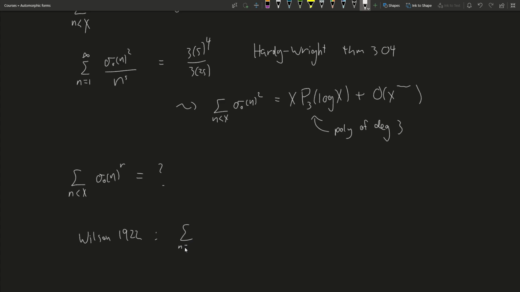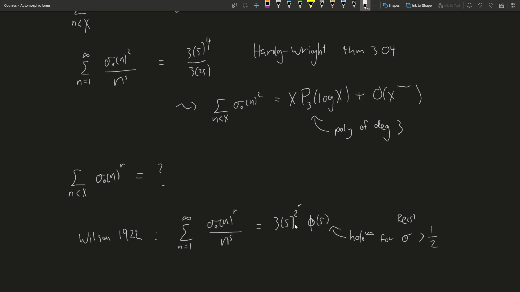There he proves that the sum over n from 1 to infinity, so the Dirichlet series of the divisor counting function to the rth power over n to the s, is equal to the zeta function to the power 2 to the r, and then here he has some function phi of s, which I think he says is holomorphic for sigma, the real part of s, strictly greater than 1/2.